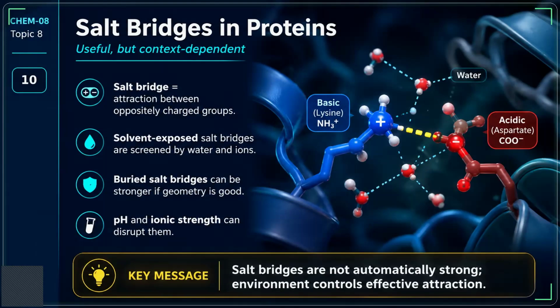Water ions are also going to interact with them, and pH and ionic strength can cause protonation and or deprotonation. This is why a number of enzymes are so susceptible to higher or lower pH because, as I said, amino acids can get protonated and deprotonated at the same time. Hence, enzymes have a pH optimum.